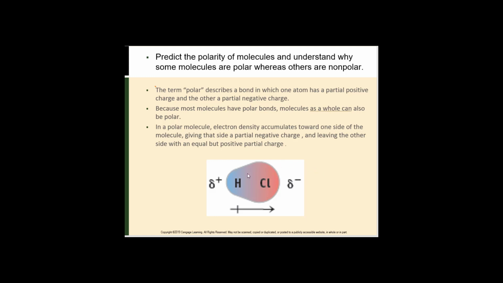Diatomic molecules like this that are composed of 2 atoms with different electronegativities are always at least somewhat polar because there's one bond and the molecule has one end that's more negative than the other end that's more positive. Unless they're the same, then that would be nonpolar. But if it's a diatomic like this, we always have one end that's slightly more negative than the other.